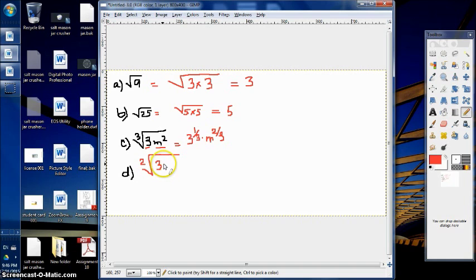Negative 2 raised to 1/3, on the other side, is going to be the cube root of negative 2. 15 raised to 2/3 is going to be the cube root of 15, all squared.